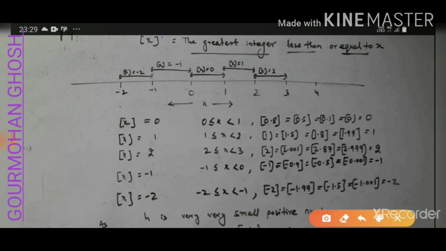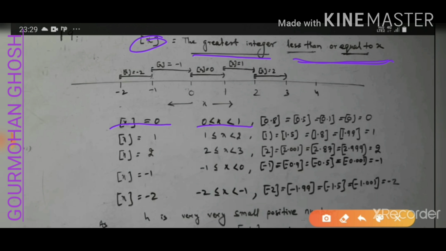The greatest integer function [x] is defined as the greatest integer less than or equal to x. So it must be an integer, and that integer is less than or equal to x. This is the condition. If you take any number with 0 less than or equal to x less than 1, then the value of [x] will be 0.